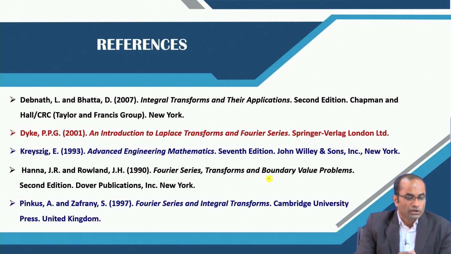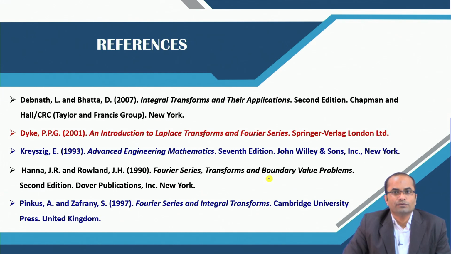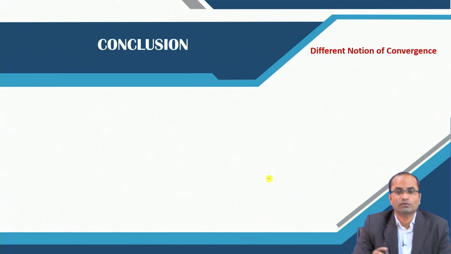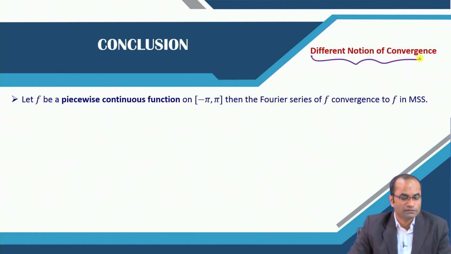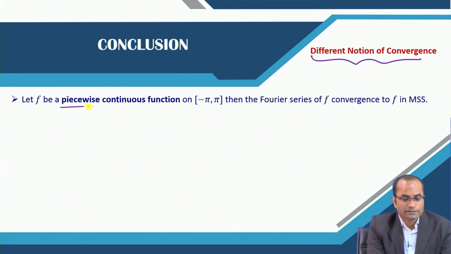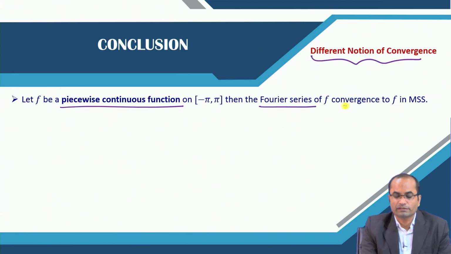These are the references we have used for preparing the lecture. Just to conclude, today we have discussed different notions of convergence. The first: if f is piecewise continuous, then the Fourier series converges in the mean square sense.